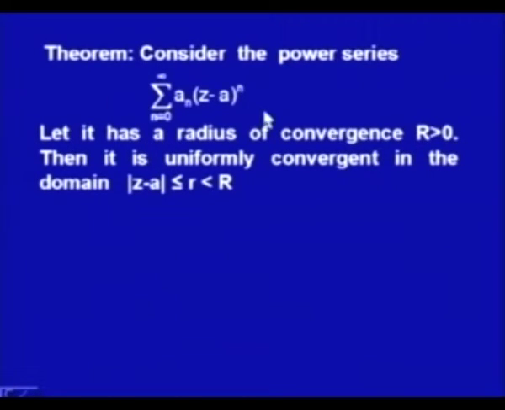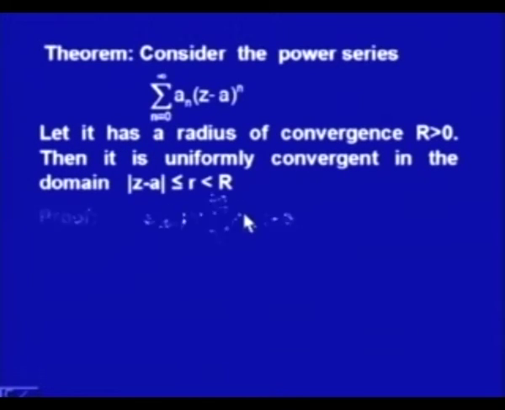If this is true, then the series is uniformly convergent in the domain |z minus a| less than or equal to r, for some r which will be smaller than capital R, the region of convergence. So, the power series will always be uniformly convergent in this domain.